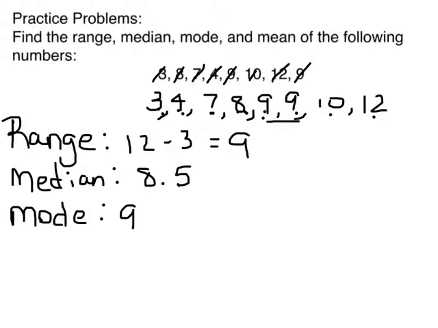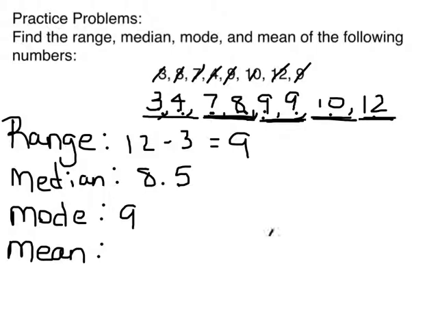So it's pretty easy. Alright, and then for the mean, we have to add these 8 numbers and then divide by 8. Alright, so let's start from here. 9 and 9 is 18. 18 and 12 is 30. Plus 10 is 40. 7 and 8 is 15. 40 plus 15 is 55. 55 plus 7 is 62. So the mean is going to be 62 divided by 8. 8 into 62 goes 7.